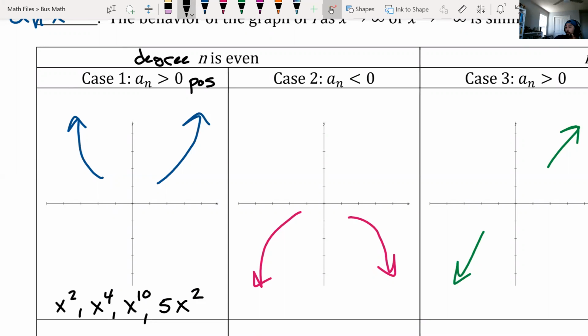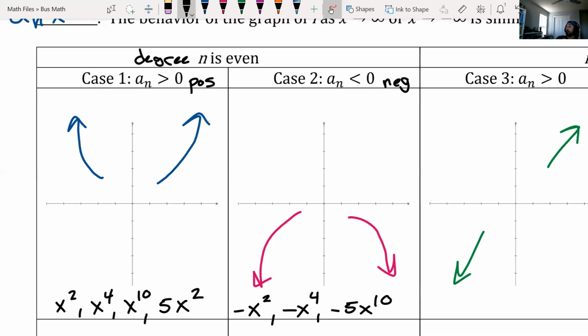Case two is still for an even degree polynomial, but the leading coefficient is now negative. Which means that if you have a negative even degree polynomial, your tails will now open down. This would go for the same examples I have on the left, except all of them will be negative now. We see that all the powers are even, but here the coefficients are all negative.